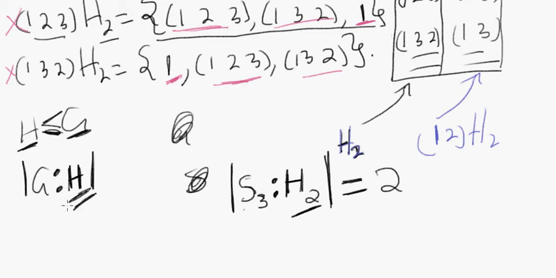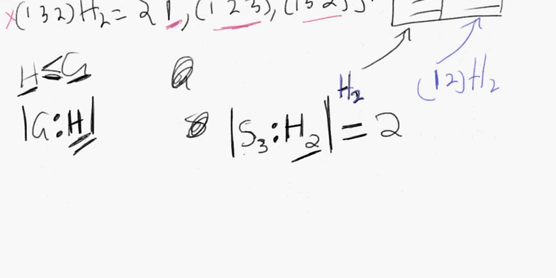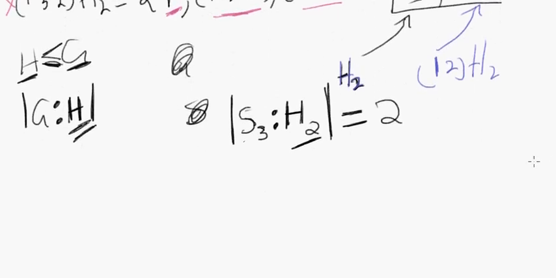That's the index of H in G. So, question: if you want to come up with a formula, what's the formula for the index of H in G? What does the index of H in G actually equal? Please do think about that, given that G is finite and H is finite.